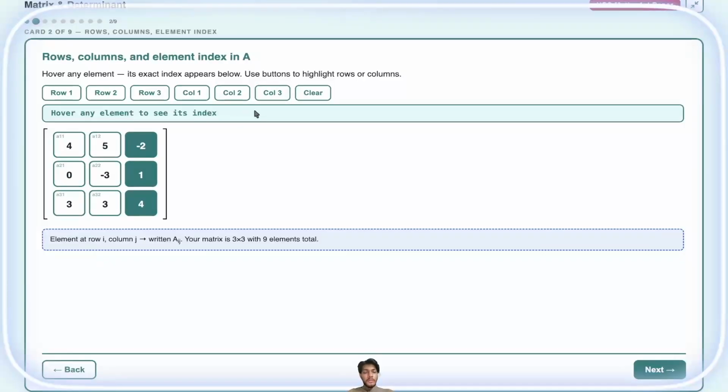This box shows the index of each cell. We hover our cursor over each element. For this value, the index is a11, meaning it lies in the first row and first column. For each element, this box shows its index.